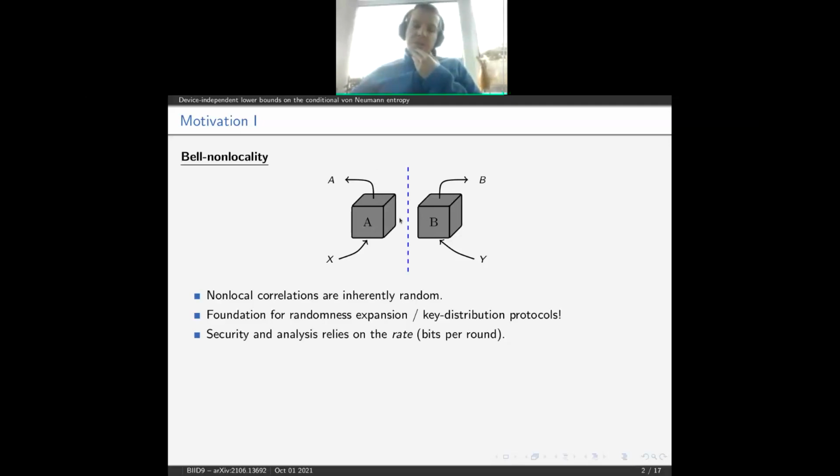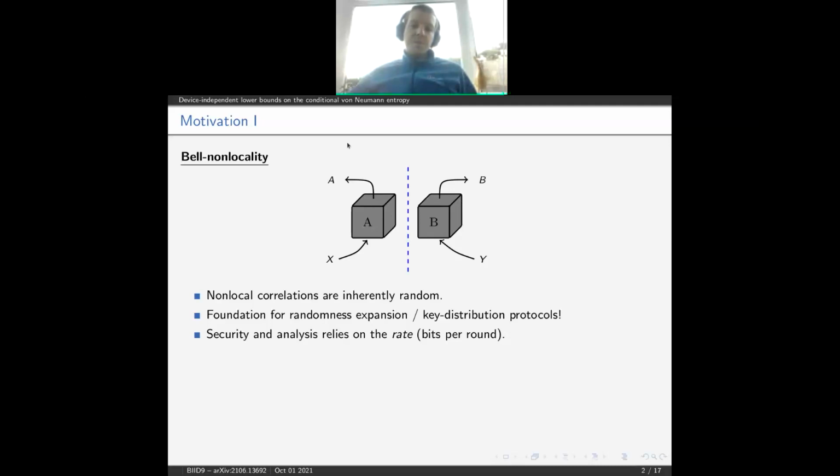However, in order to understand the performance of these protocols, and also in order to prove their security, we need to better understand a quantitative relationship between the non-locality and the amount of randomness being produced by these devices.